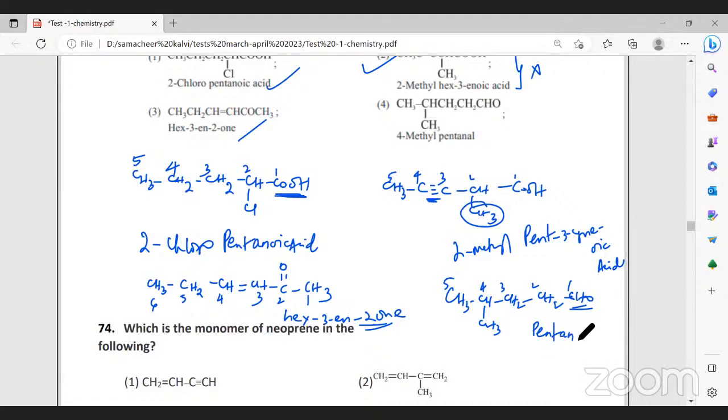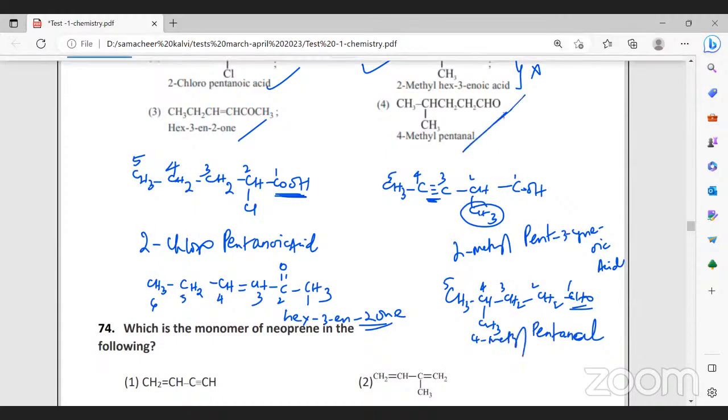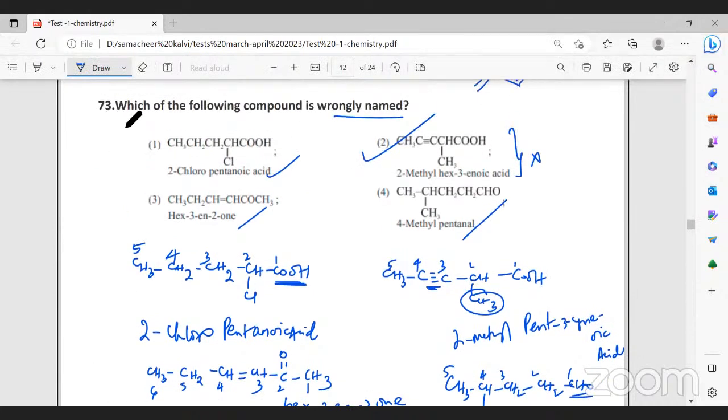Carbon to carbon single bond, the name has to end with ane, pentane. Since we have an aldehyde group, this E has to be replaced by Al. So it will be pentanal. At third position, we have methyl. Fourth position, we have methyl. Therefore, it will be 4-methylpentanal. This is also right. So as per the question, which of the following compounds is wrongly named? The second compound is wrongly named.